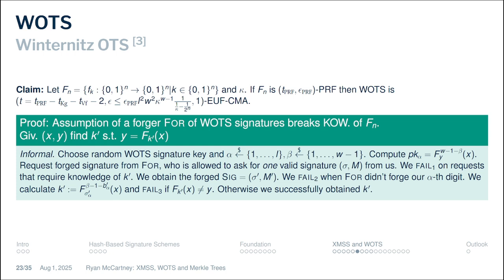One probability could be that there doesn't actually exist a K prime for this Y value. So we are given an instance of key one-wayness we actually cannot solve. This is the probability of 1 divided by kappa.